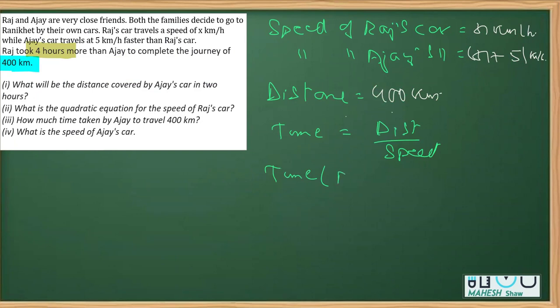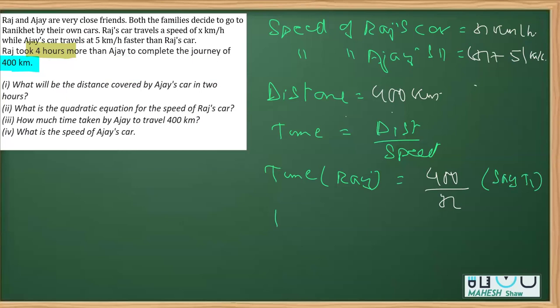Distance is 400, and the speed is x. So it is 400 over x, and I can take this as t1.